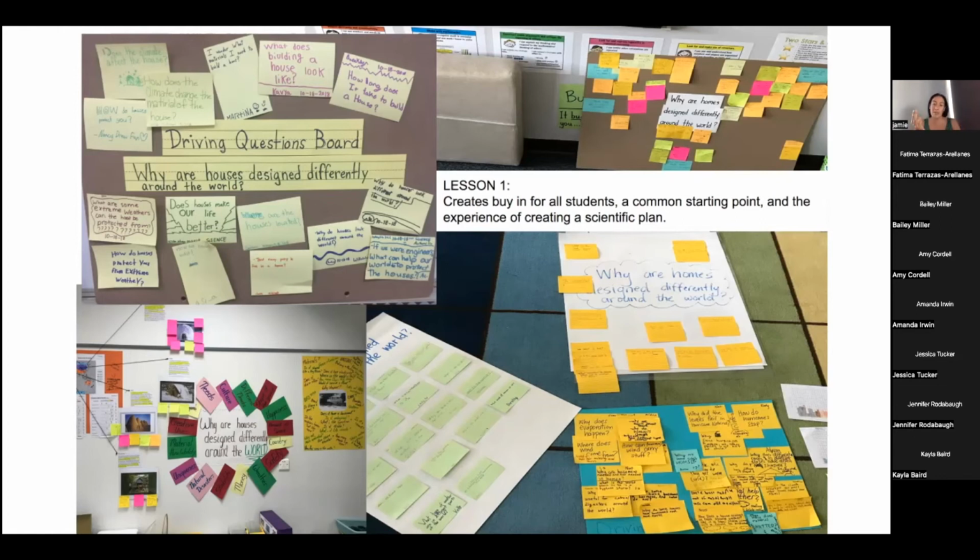Then they get into partners and they start to talk and share their questions with each other. If Fatima and I were partners, she would share hers, I would share mine. And then we'd figure out which 2 questions we want to share as partners. That might mean a question from me and a question from her list.